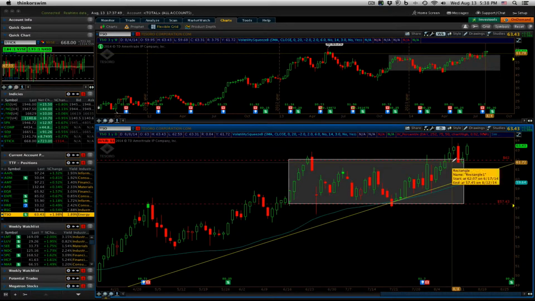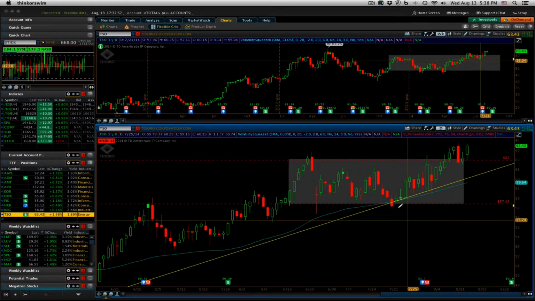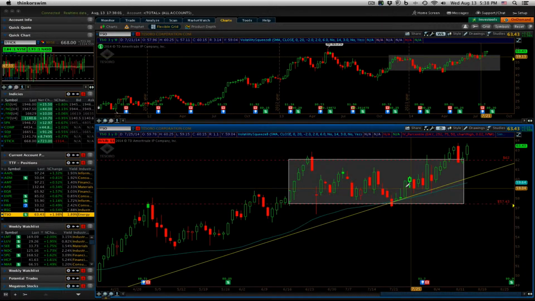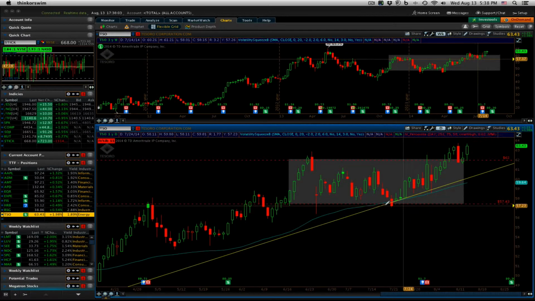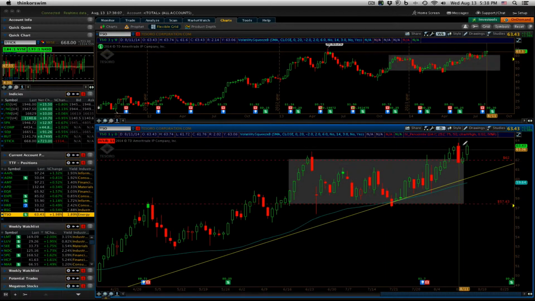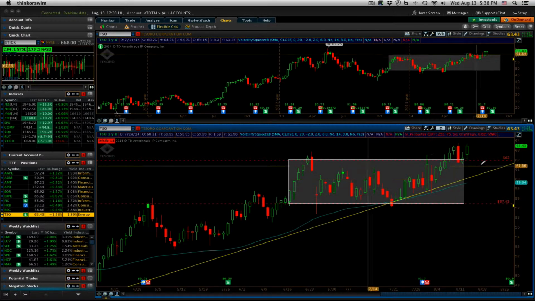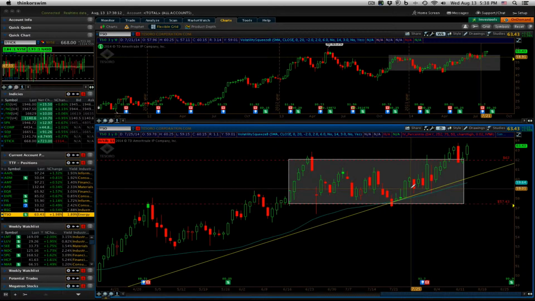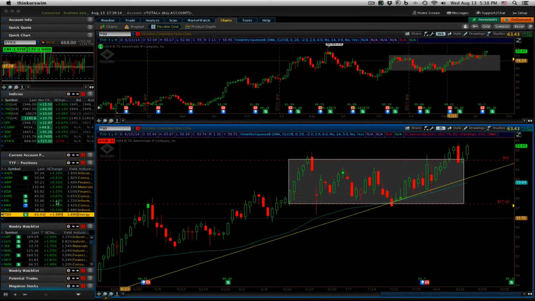This would probably be, of course, maybe a couple weeks from now, 61.72 would be our next trailing stop. So a couple different stop levels to have. Right now, I still think 57.26 is the appropriate level until we get a true breakout of this little box here, and then we can move to 59.